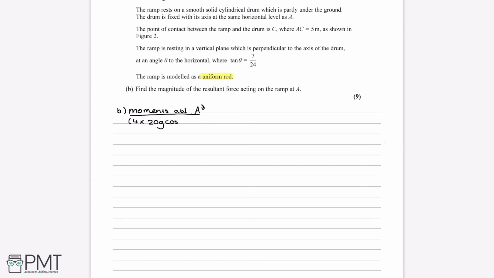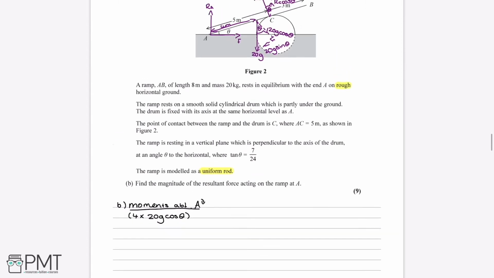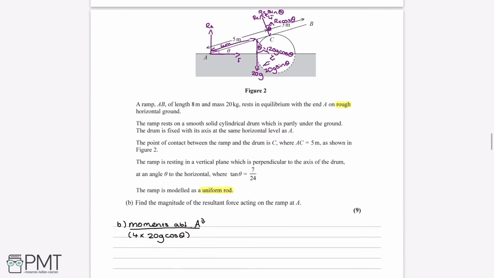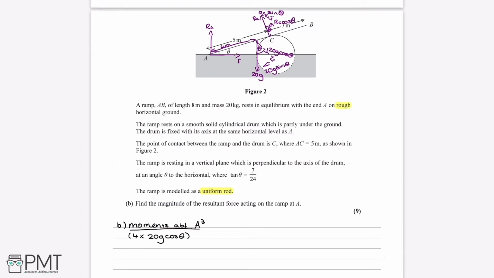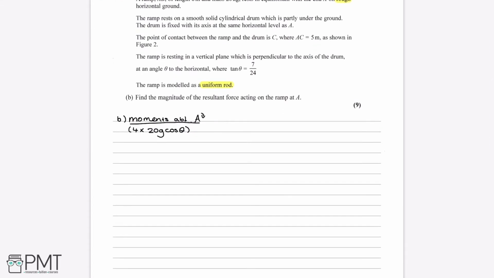And now this is the only force that acts clockwise to A, and the force that acts anti-clockwise to A, again there's only one of, but this time it is RC, and it's not a component of RC, because if we look, we can see that RC is perpendicular to this ramp. And we know that RC is 5 meters away from the point A, so we're taking this away because now this is anti-clockwise, the distance is 5 meters multiplied by RC.